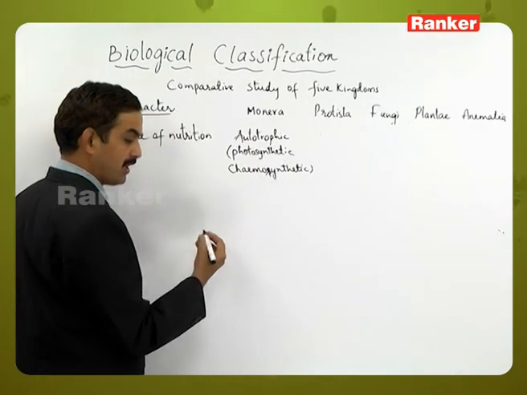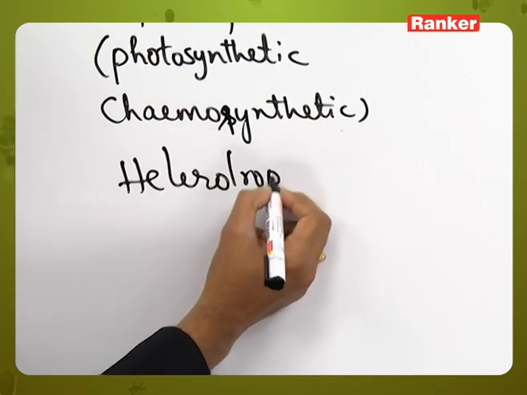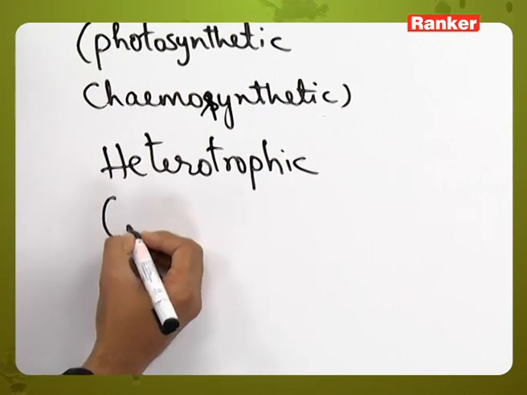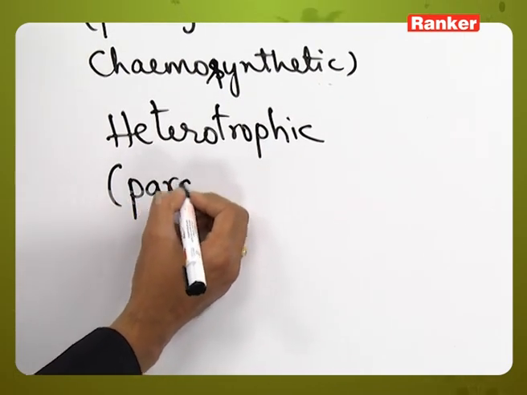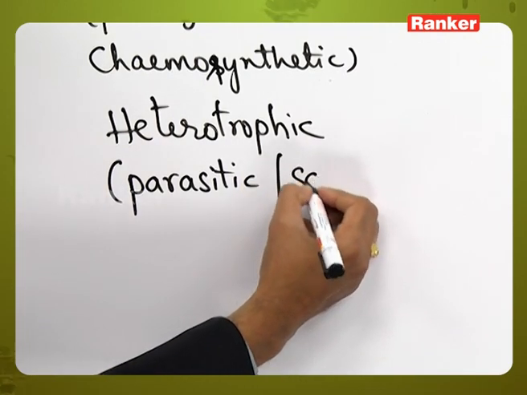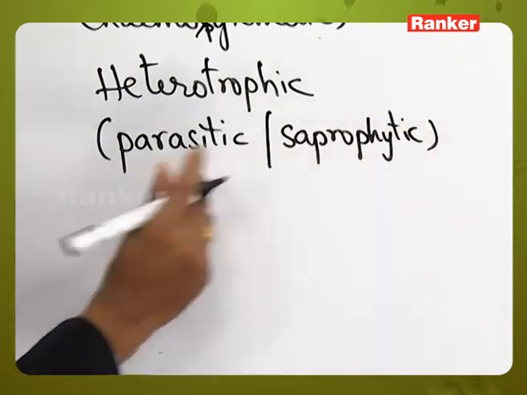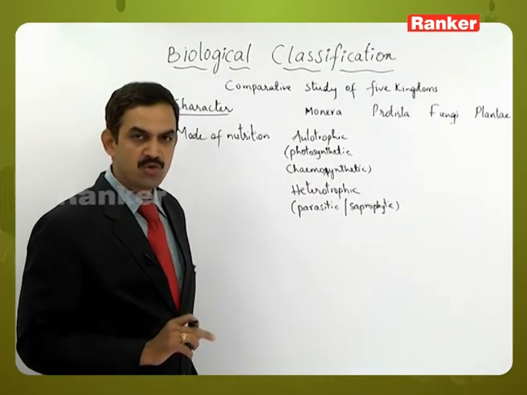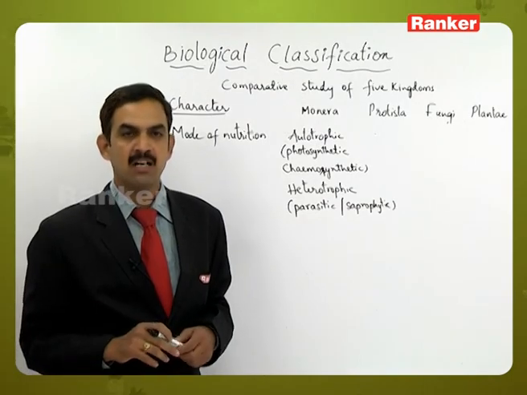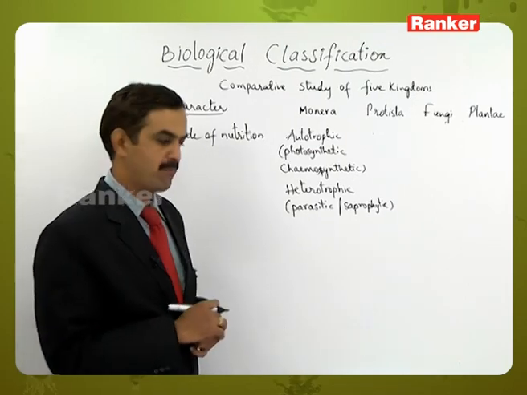And some of them are heterotrophic also. When they are heterotrophic, they cannot prepare their own food materials, and they may exist in a parasitic form or as saprophytes. Parasitic means they derive nutrition from a living host, whereas saprophytic means they derive nutrition from dead and decaying organic matter.